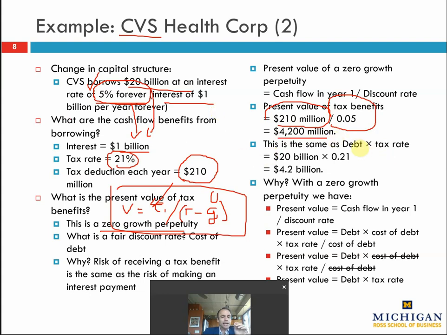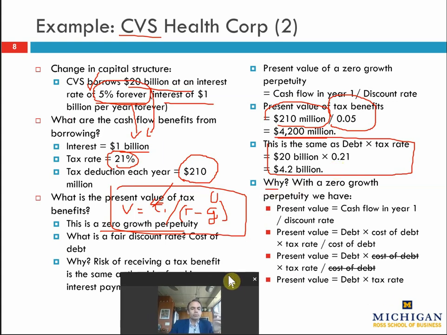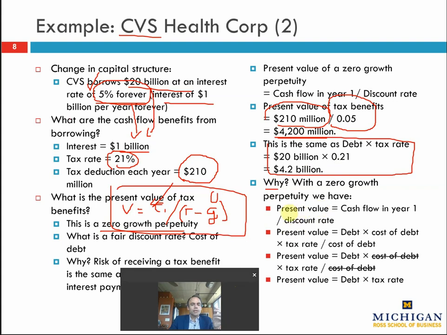This is the same as just writing the amount of debt times the tax rate. $20 billion times 0.21 is also $4.2 billion. Why? We'll just work through the following quick computations. We said present value of a zero growth perpetuity is cash flow in year one divided by the discount rate. The cash flow in year one is the amount of debt times the interest rate on debt times the tax rate.